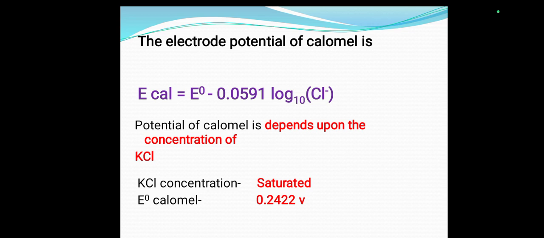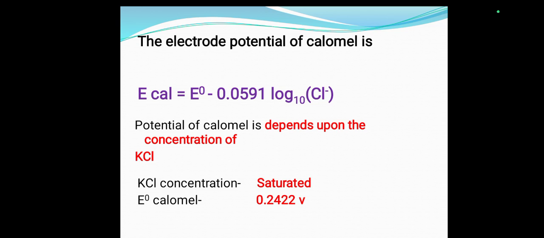Actually this equation is designed with the help of Nernst's equation that you studied in the 12th. So Nernst's equation is used to design the equation for finding the potential of Calomel electrode.